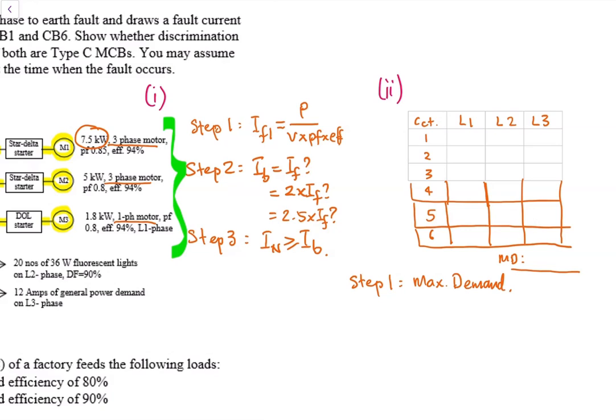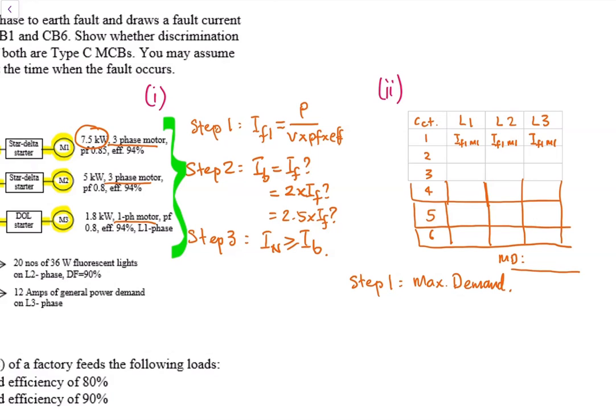So step 1, we want the maximum demand calculation. What we need to do is calculate the I full load of all the circuits. For example, I have I full load of motor circuit 1. Now if I use the 3-phase formula, I should get a similar full load current in all the 3 phases.